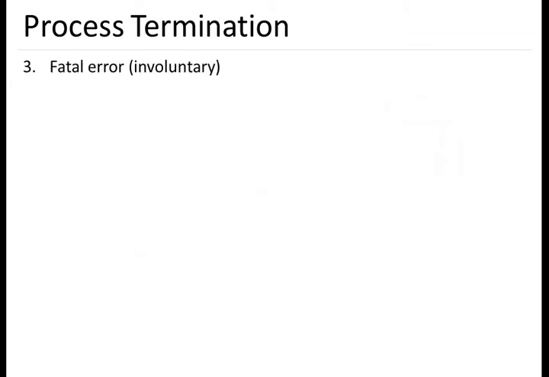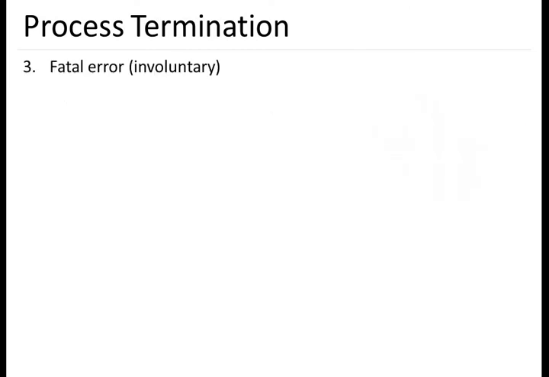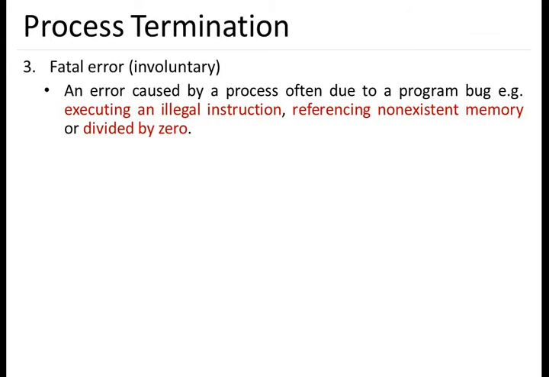After that, this was error exit and this is fatal error. Fatal error is like executing an illegal instruction, or referencing some non-existent memory address, or dividing by zero when the program contains some logical error.